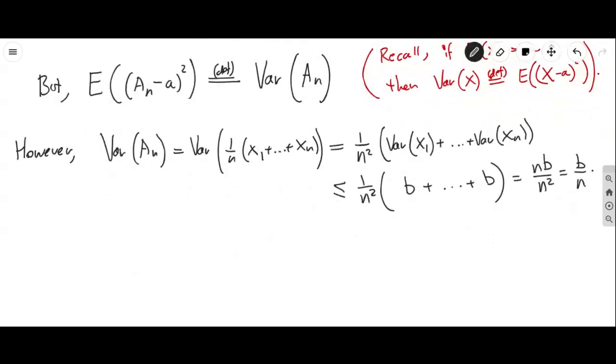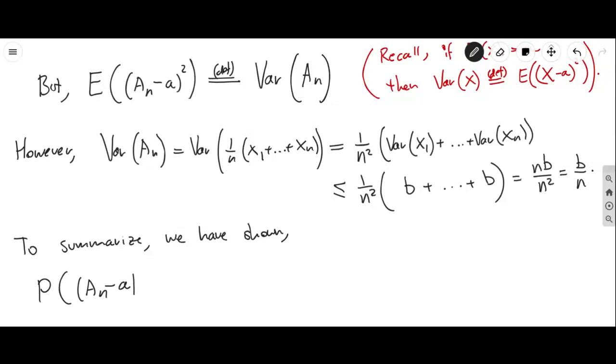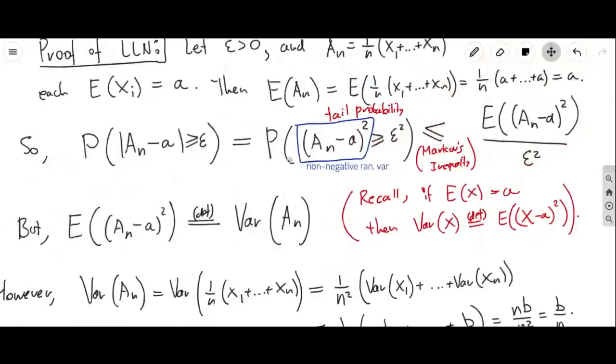Okay, so to summarize, we have shown that the probability that An minus a, in absolute value, is greater than or equal to epsilon is bounded by, so let's scroll all the way back up.